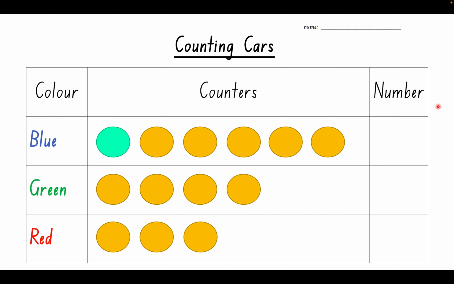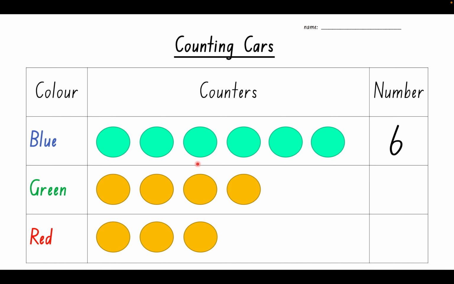Well, in the end, we had, let's count them. Are you ready? 1, 2, 3, 4, 5, 6 counters next to the word blue on the blue row. So that means that in the box under number at the end here, we need to put the number 6.